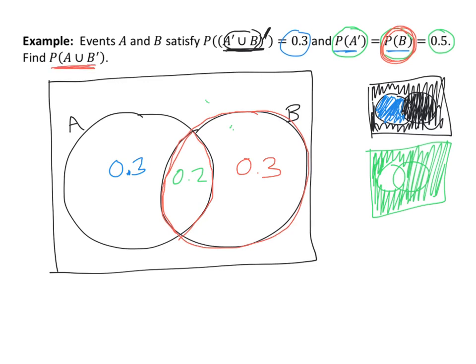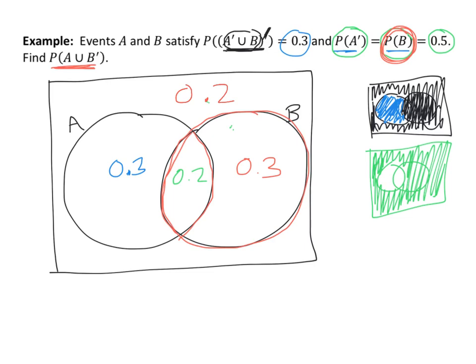I'm just filling out the diagram. My next step is I can see 0.3 plus 0.2 plus 0.3, that's 0.8. All probabilities have to add up to 1. So since this entire thing has to add up to 1, I'm forced to say that the outside of this is 0.2.